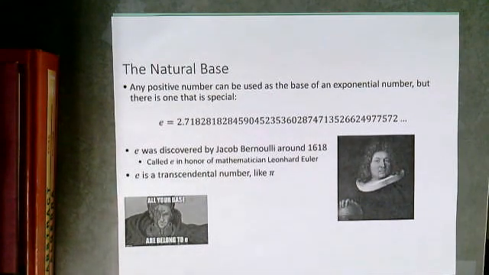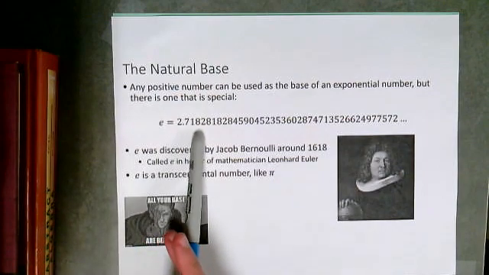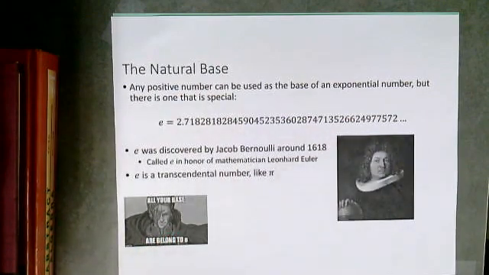So the limit of that graph is E, 2.7182 nonsense afterwards, right? It's a transcendental number like pi. For a history note, it was discovered by Jacob Bernoulli around 1618, and it was called E in honor of the mathematician Leonhard Euler.